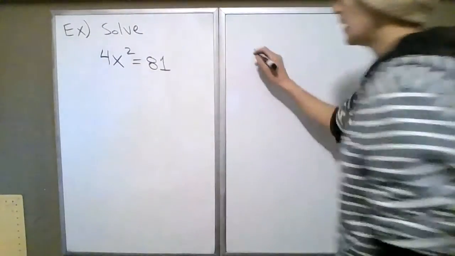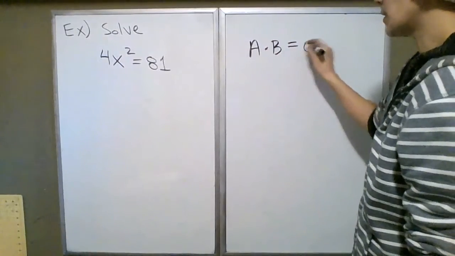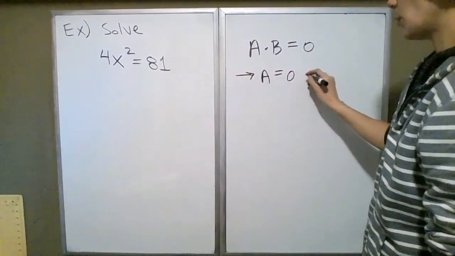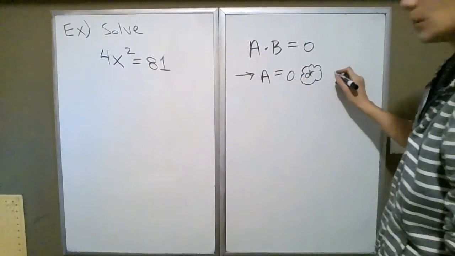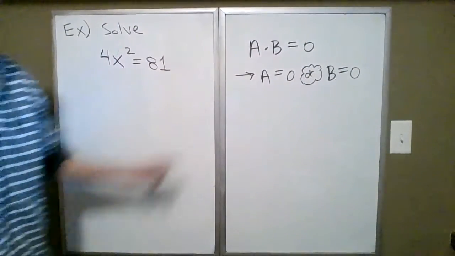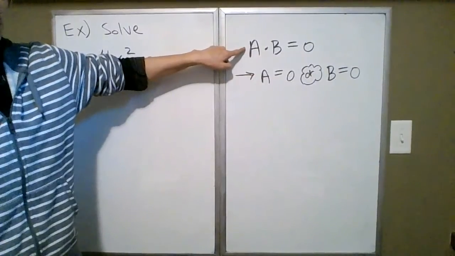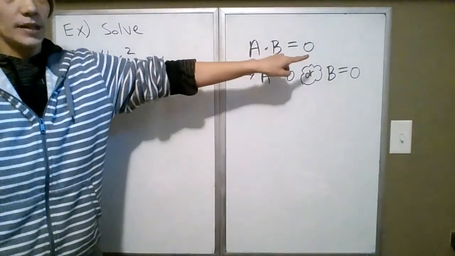Remember, if A times B equals 0, then A is 0 or B is 0. So if I want to use the property, I need my equation to look like this. I need a number times a number set equal to 0.